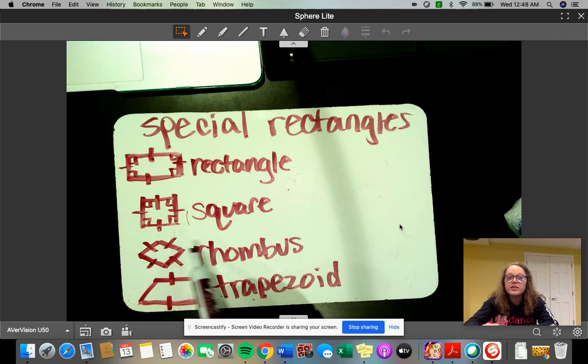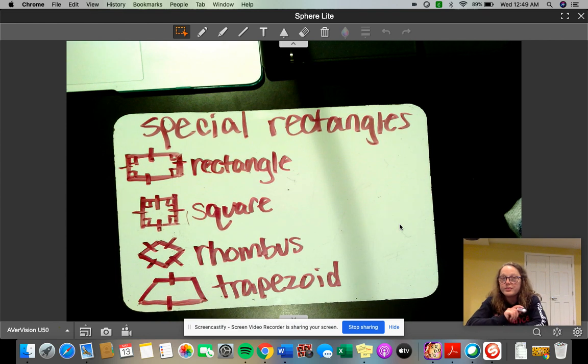The rhombus is going to have 4 sides that are the same length, but you don't need 4 square corners. And the trapezoid is going to have 4 sides, but only 2 of them are going to run parallel to each other, and you don't need to worry about the square corners. So those are the special rectangles we are going to talk about today.